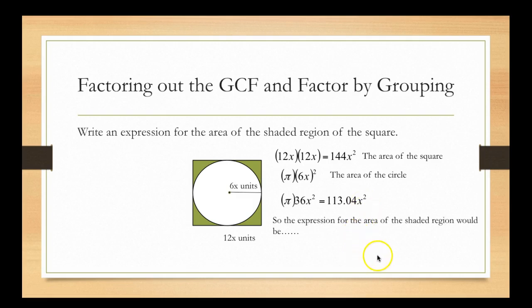So the expression for the area of the shaded region would be this. Now if you notice, I can combine some like terms here. So the area of the shaded region is 30.96 x squared, units squared.